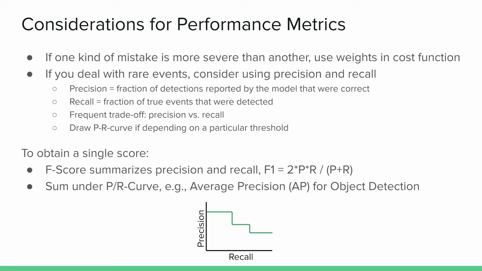Therefore, this sum under the curve is a really good, meaningful metric. One thing that goes into this idea of summing the values under the curve is the average precision if you're using object detection. It's basically the idea that you're summing the area under this precision recall curve for each class.